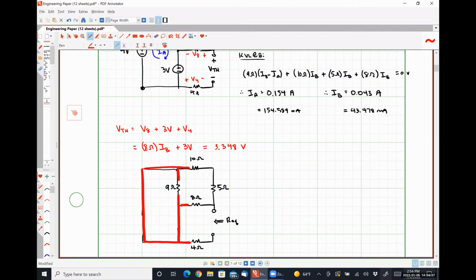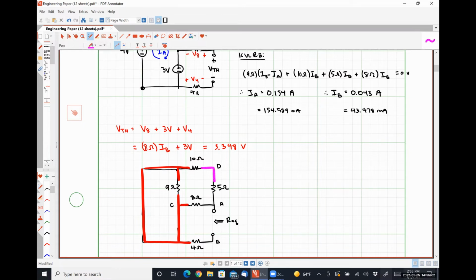So right off the bat here, I call this node C. I can see that my 9 ohm resistor is shorted out. Let's call this guy A, this guy B, this guy up here D. Let's do the other ones.